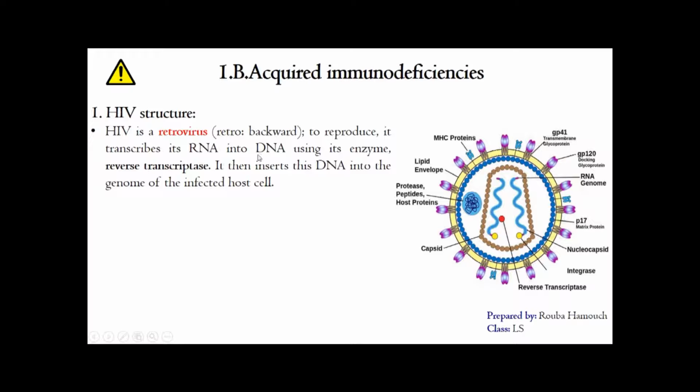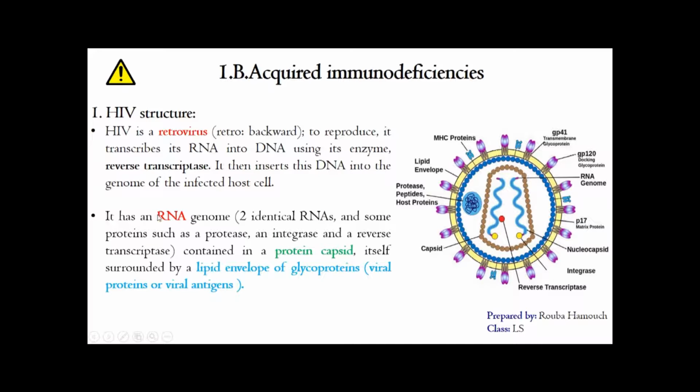And once the viral DNA is formed, it will be inserted into the genome of the infected host cell. In this way, the HIV virus multiplies within the host cell by transcribing its RNA into DNA, then inserting its DNA into the DNA of the infected host cell.